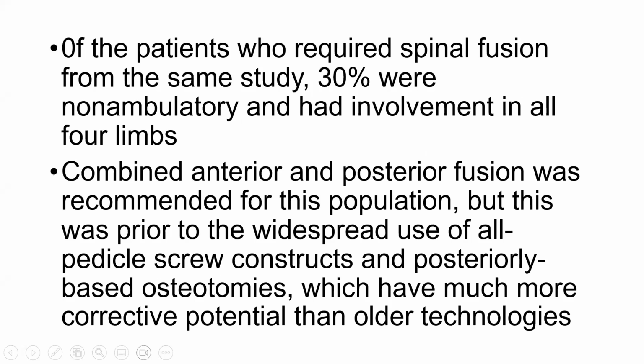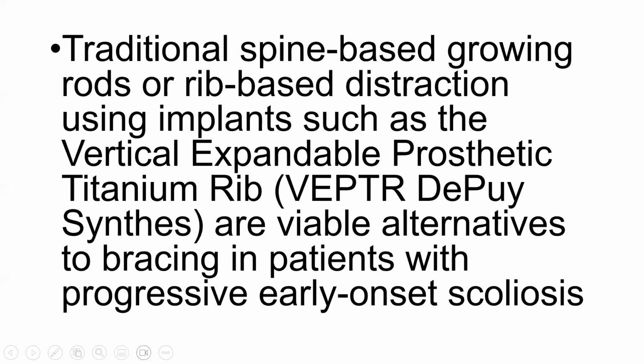Traditional spine-based growing rods or rib-based distraction using implants such as the vertical expandable prosthetic titanium rib are viable alternatives to bracing in patients with progressive early onset scoliosis.